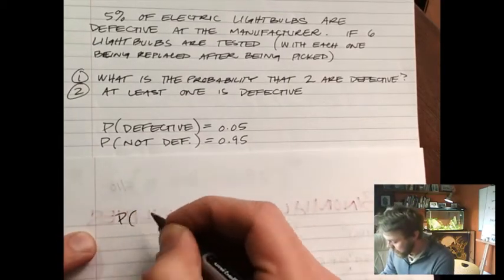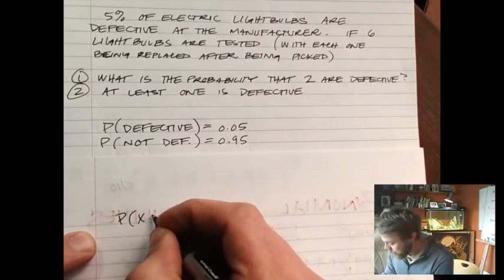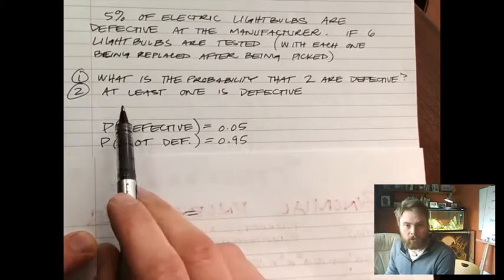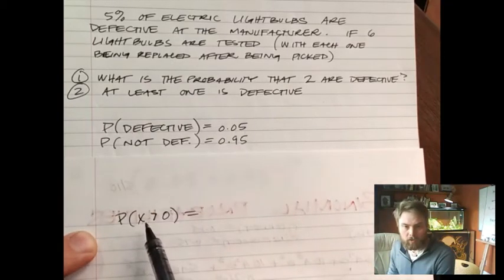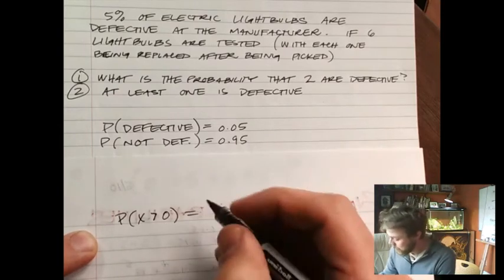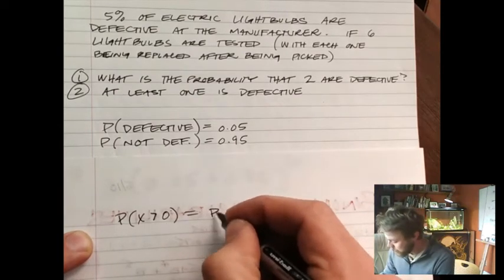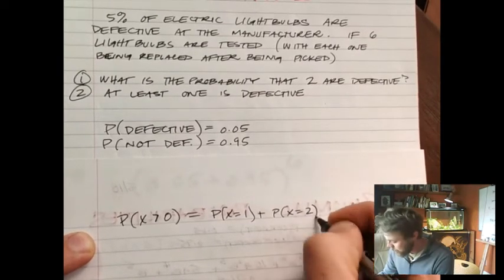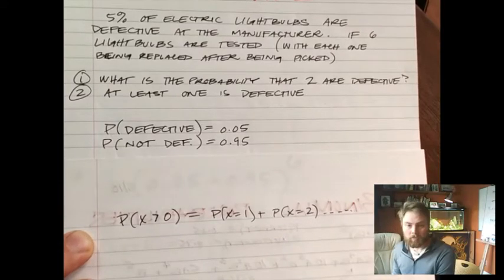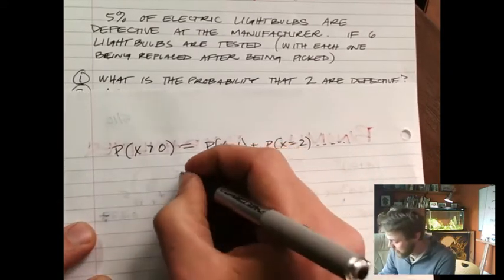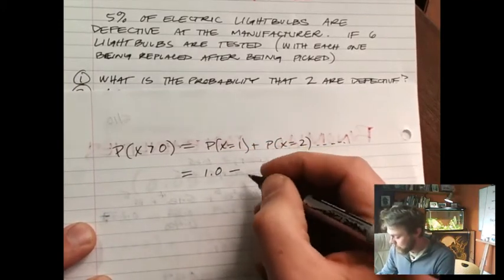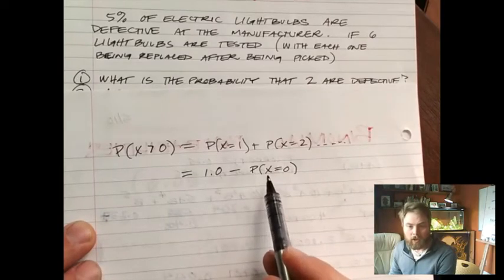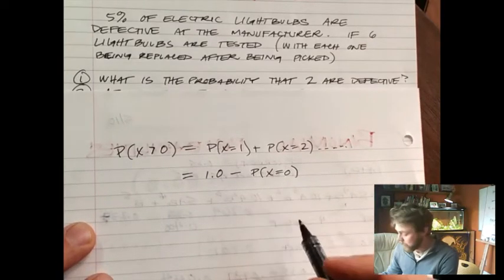So probability X is greater than 0 is really what at least 1 means. X, the number of defective, is more than none. That would be probability X equals 1, probability X equals 2, and so on. I'm not going to do that. Instead, I'm going to take 100% and subtract the scenario where all of them are not defective.